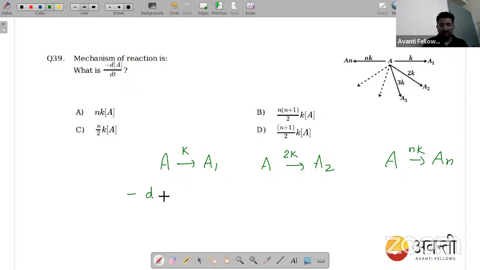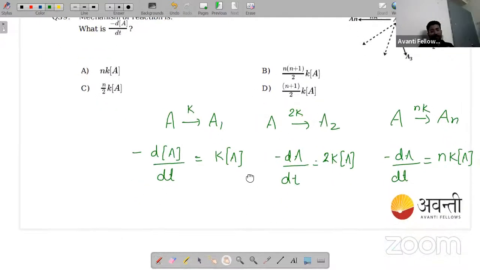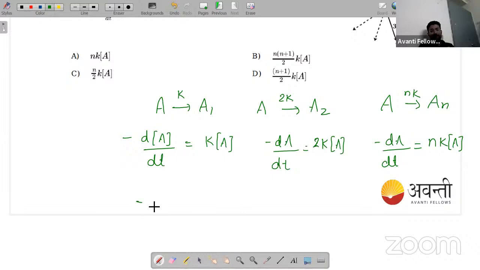Now here you can see minus dA by dt equal to K into A. Here minus dA by dt equal to 2K into A. Here minus dA by dt equal to NK into A. So we can clearly see that in all steps of this reaction, we are getting a rate equation like that.